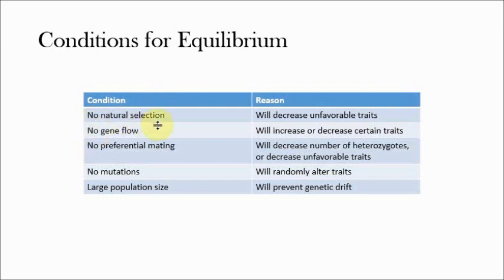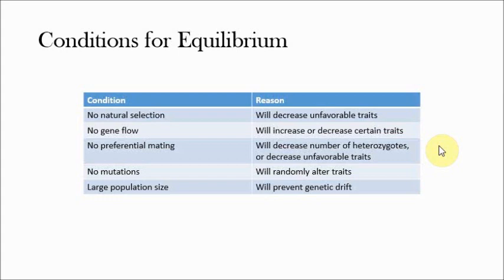The second is that there can't be gene flow. Gene flow can occur if a part of the population moves away and goes to another population, or if another population sends some of its members over to the population we're looking at. This will increase or decrease certain traits because no two populations are actually identical.